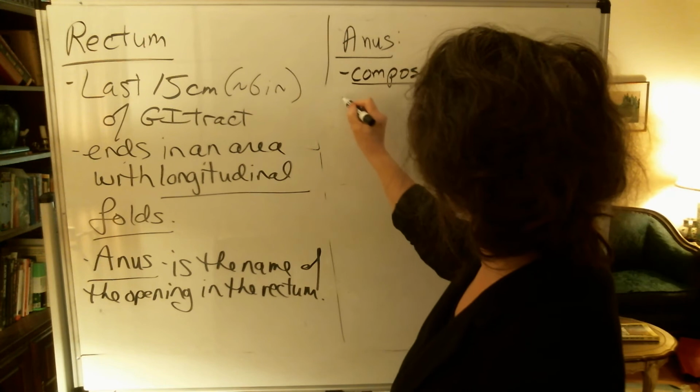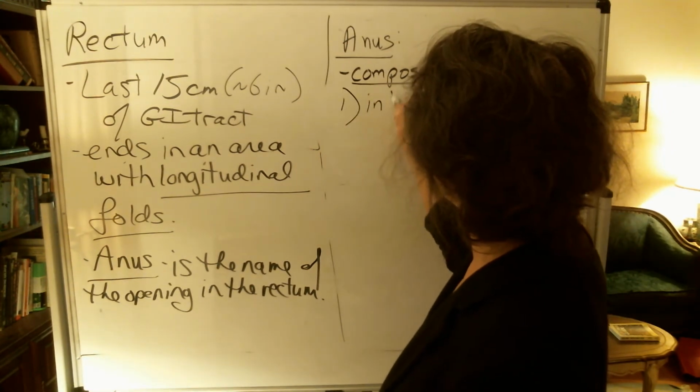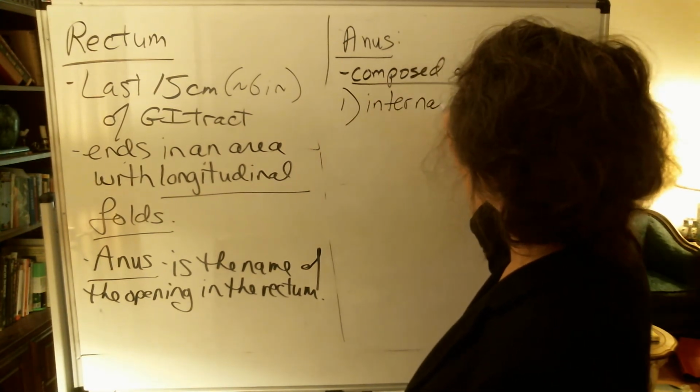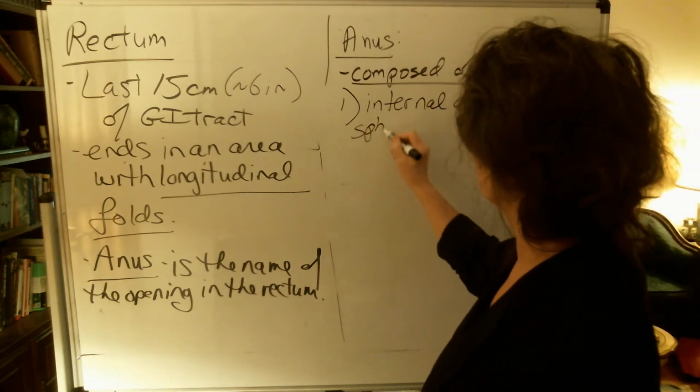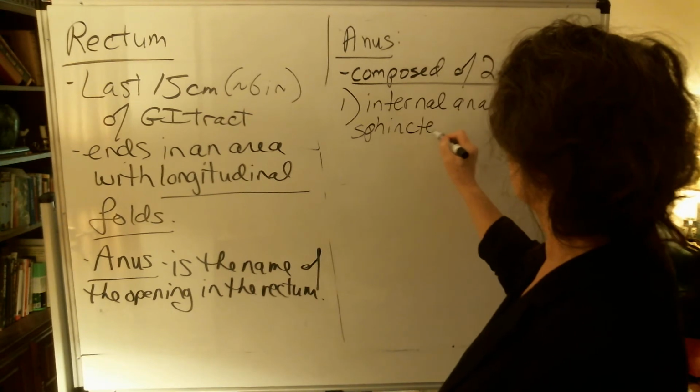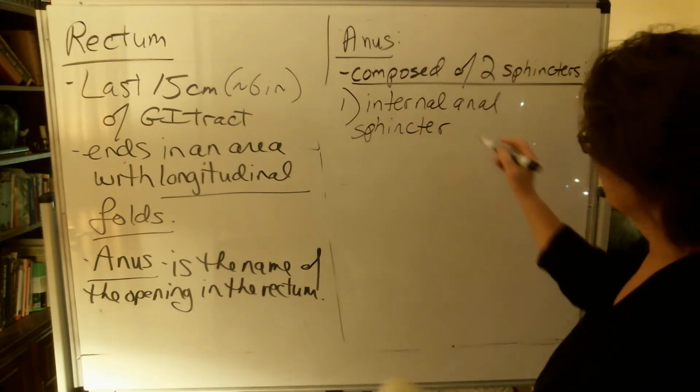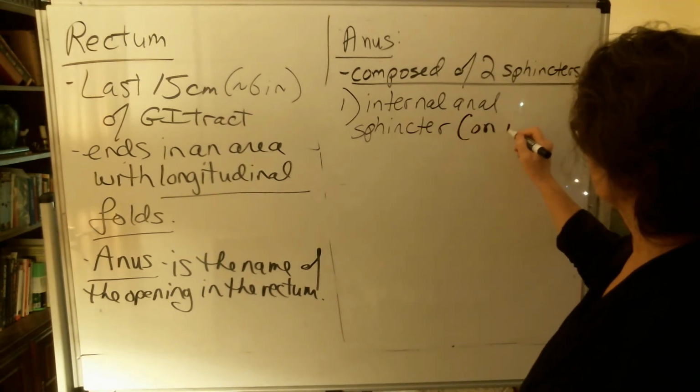And they are, first of all, the internal anal sphincter, which is not surprisingly on the inside.